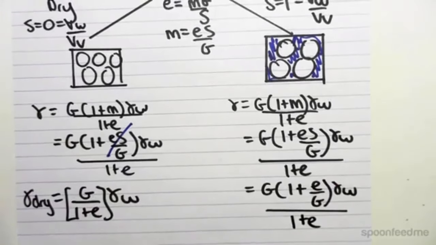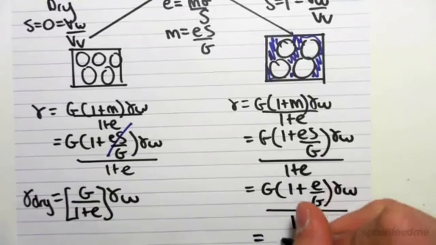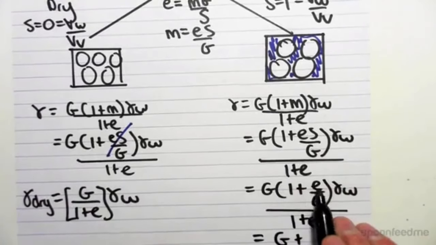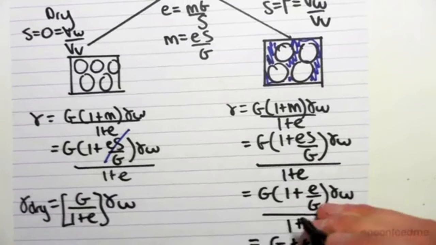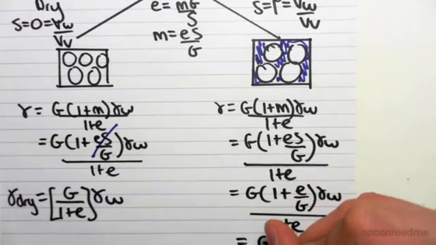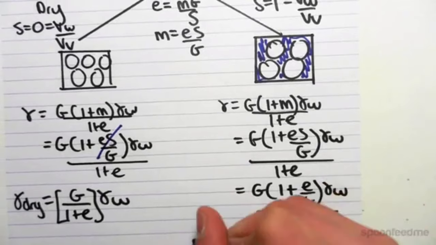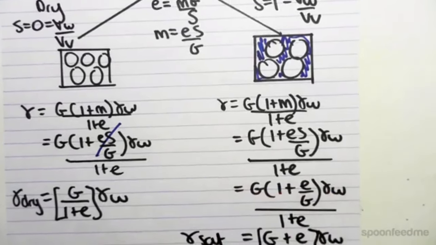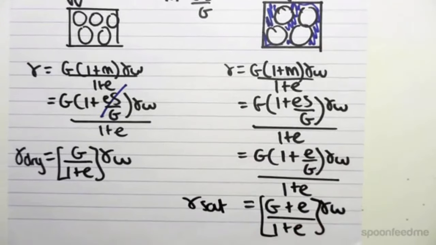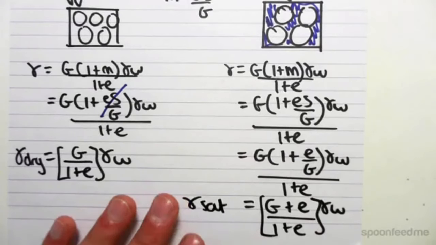Now if I expand this out, G plus eG on G will just be e. So it's G plus e on 1 plus e, times gamma W, and we're going to define this as gamma sat.